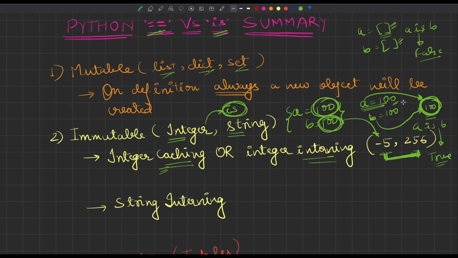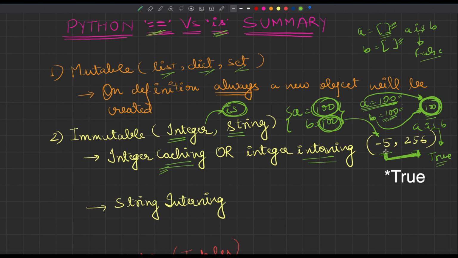Here, this is an integer object that we are creating, unlike this list object. Integer is an immutable type. So in this case, if you create the integer like this, Python is not going to create a new object. Rather, Python will have its own pre-created object and will point A and B to that. So that's why A is B is going to return true.